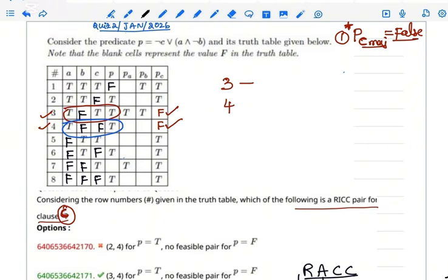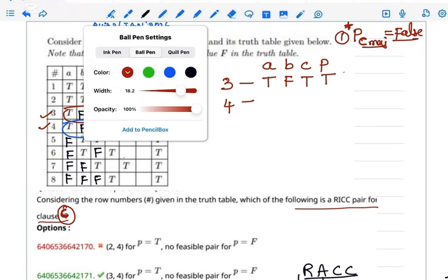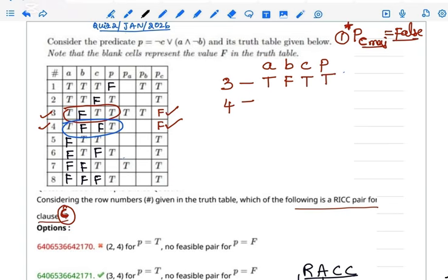For 3 and 4, A, B, C and predicate values: true, false, true, true for the third, and true, false, false, true for the fourth. So first we consider P_C equal to false, only two combinations are there, 3 and 4. Here the major clause is C. Don't consider A.